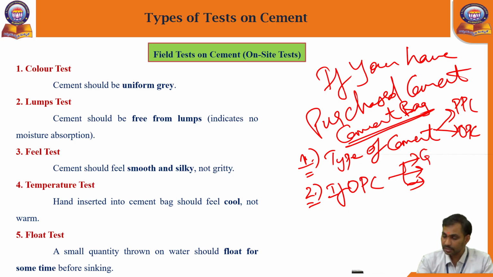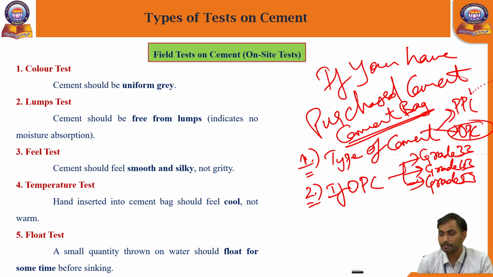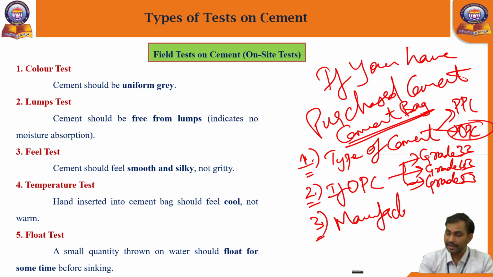That is grade 33, grade 43, grade 53. If it is not OPC cement, if it is confirmed as PPC, directly you can check the manufacture date of cement and expire date of cement.